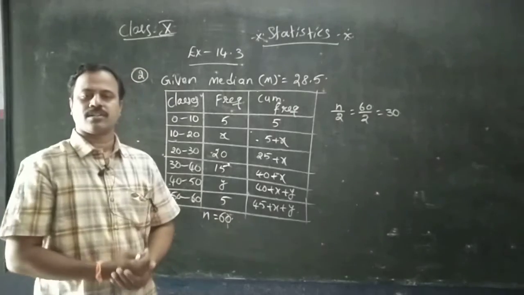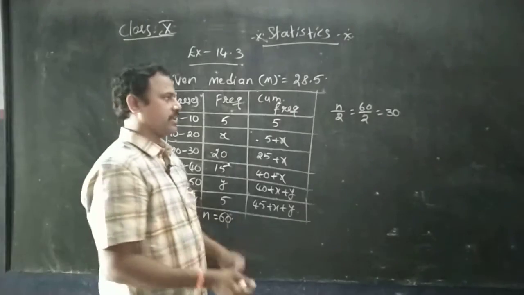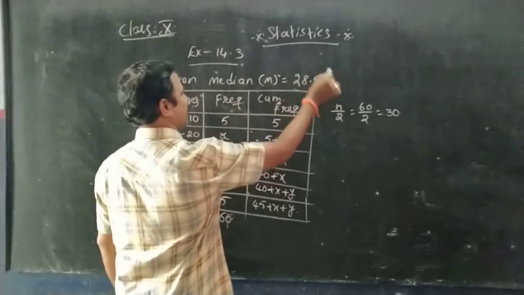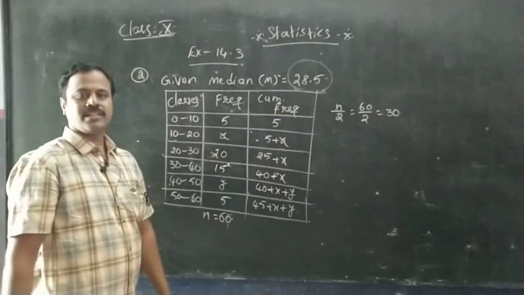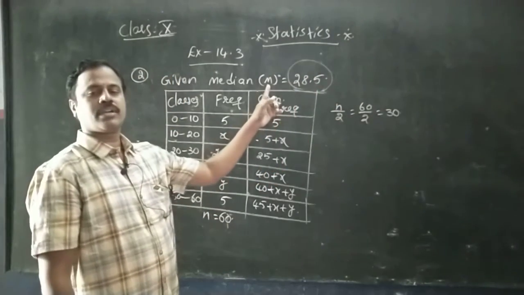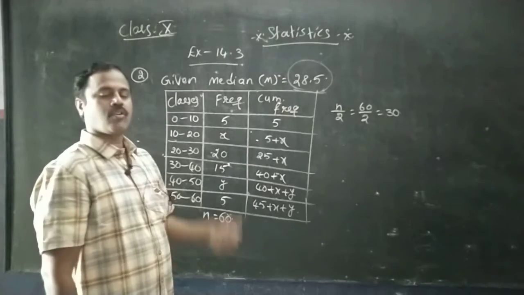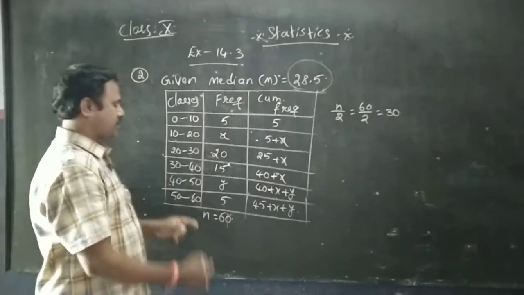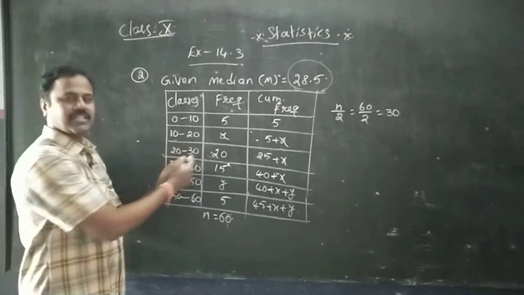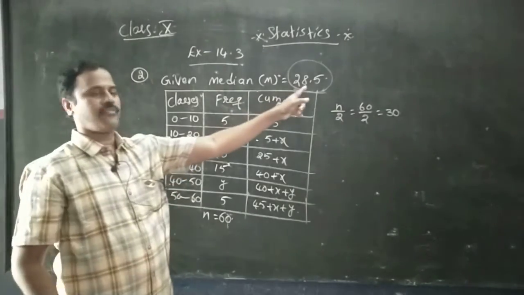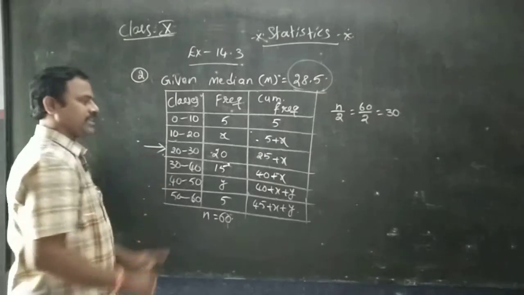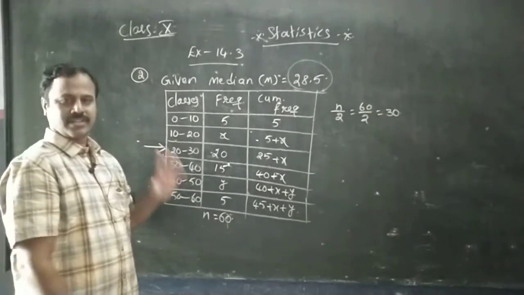How to find the answer now? By the value given to us, we can find the median class. 28.5 is a value which lies between 20 and 30. Hence, this class is considered as the median class.